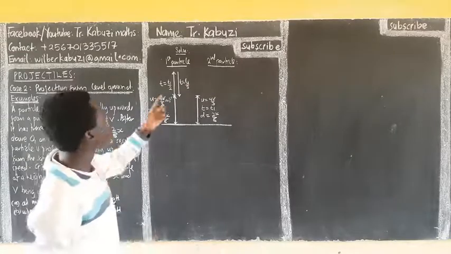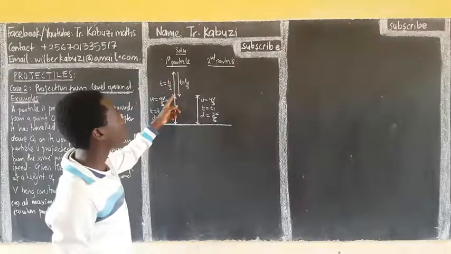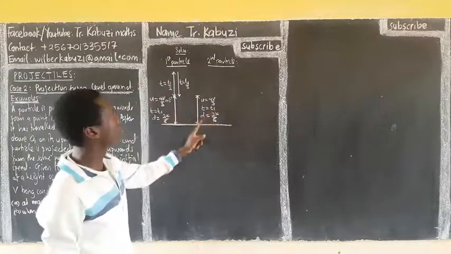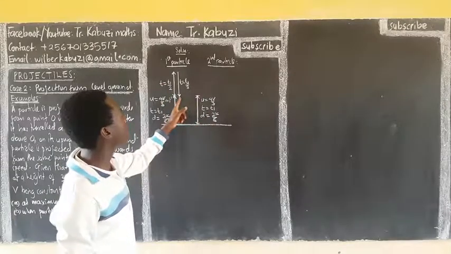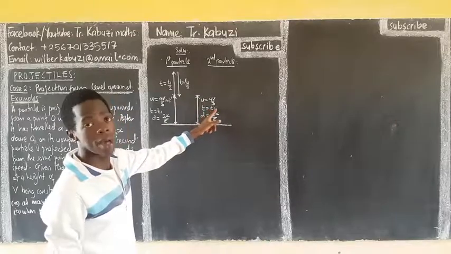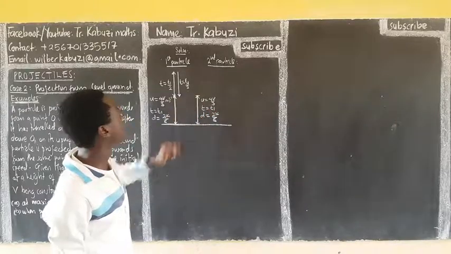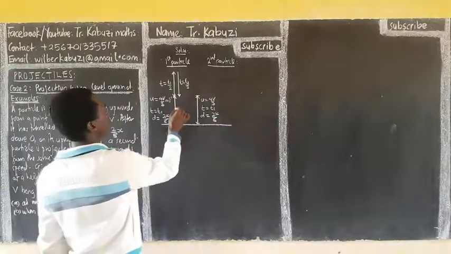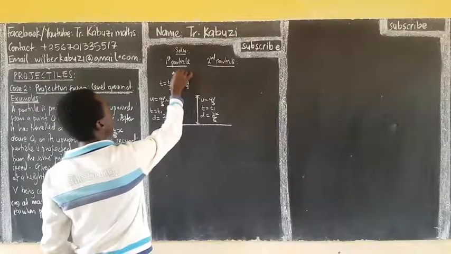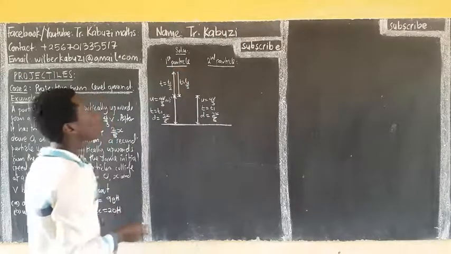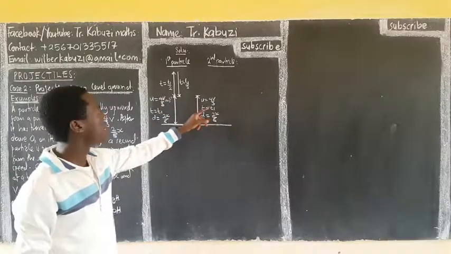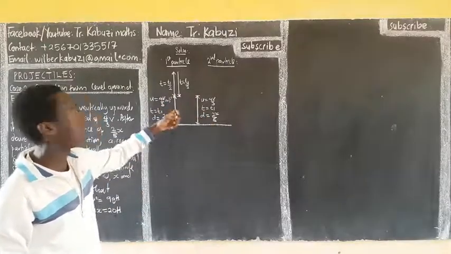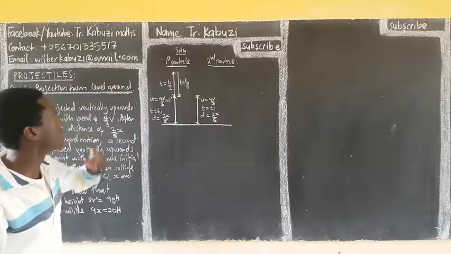Why? Because if it goes up and comes back, it's going to use the same time. When it was here, this one was at 0. So going and coming back to collide, it's going to use t1. First of all, this one coming back from there is also going to be t1. But when we add this and this, we shall get the time this one needs to come to this point when they are colliding. So that's why we have that case there.